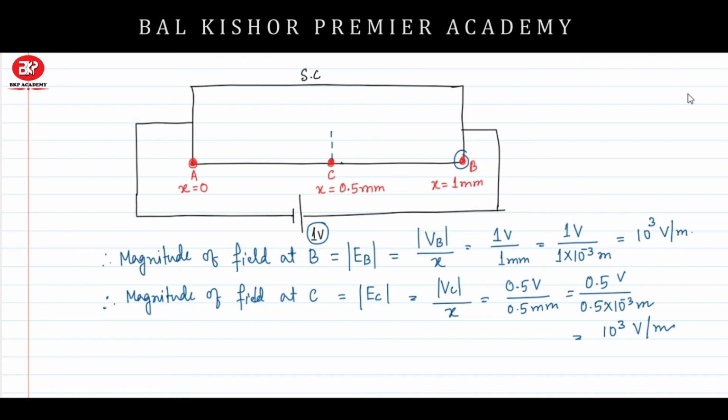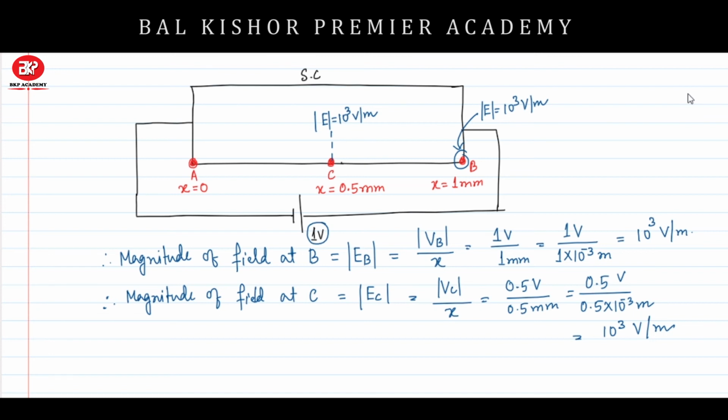So at the C point the electric field value is 10 to the power 3 volt per meter, and at the B point the electric field value is also 10 to the power 3 volt per meter. All these are magnitude values, so it will be mod E. So the electric field will be constant.